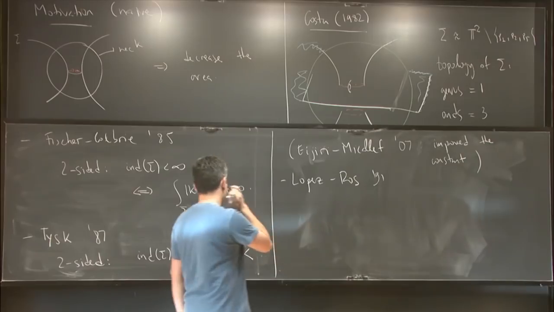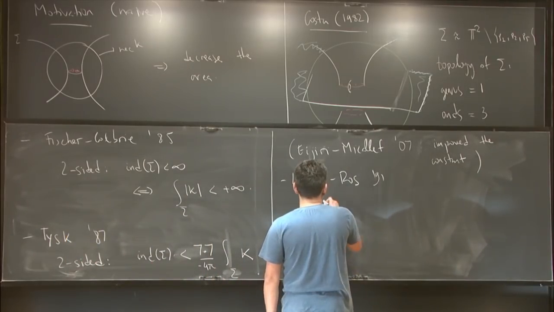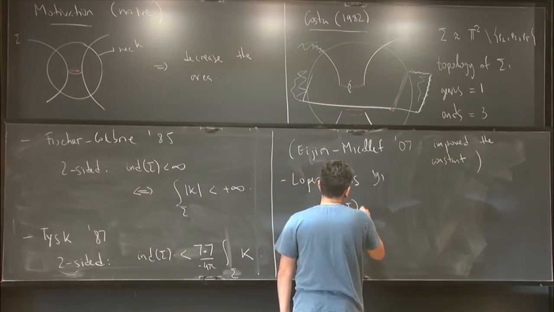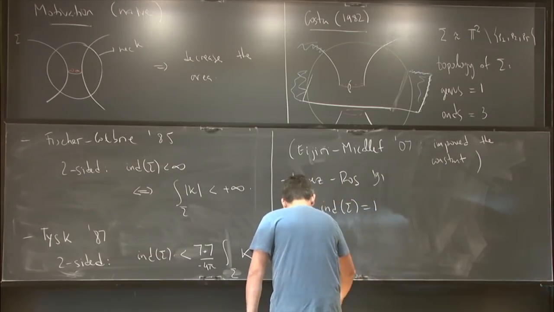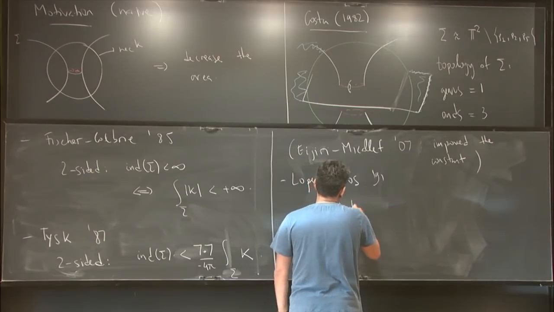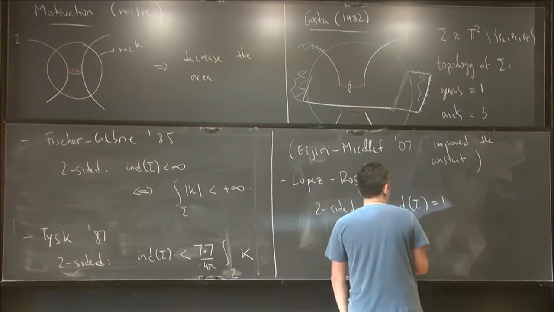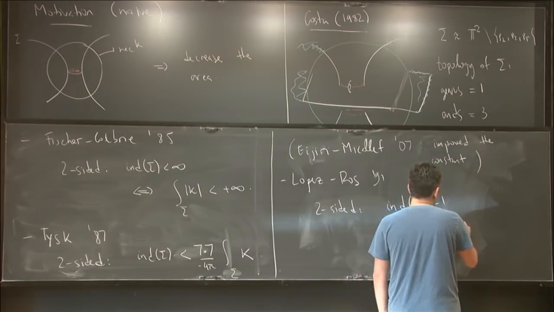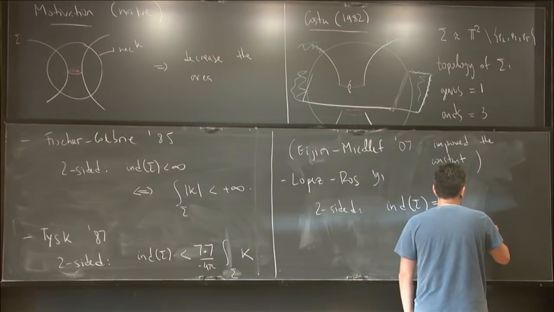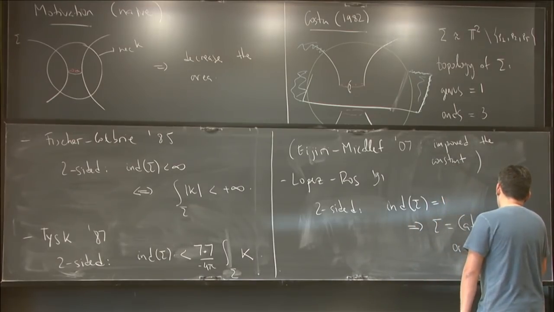So the next result is this Lopez and Ros estimate, which says that if you have a surface of index 1, assuming two-sided, then there are only two possibilities: the catenoid or the Enneper surface.